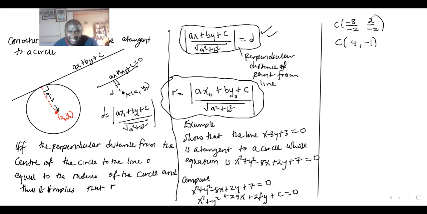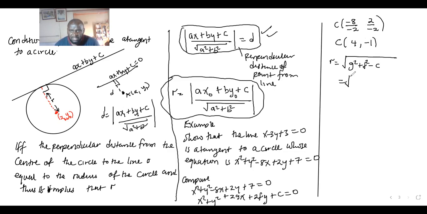So they are saying, show that that line is a tangent to the circle. If it is a tangent to the circle, then the radius should be the perpendicular distance from the center to the line. You know the radius? The radius can be got from where? Square root of g squared plus f squared minus c.